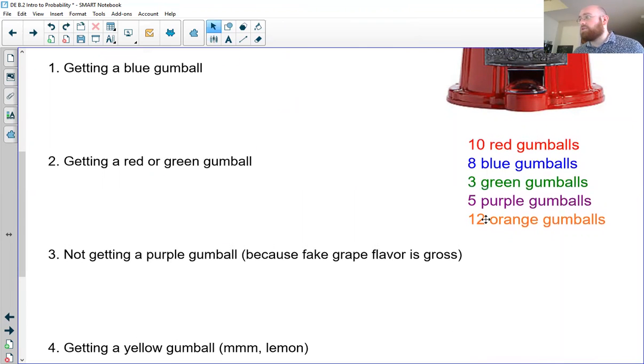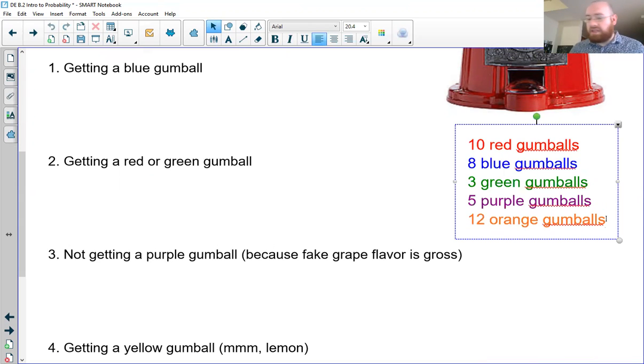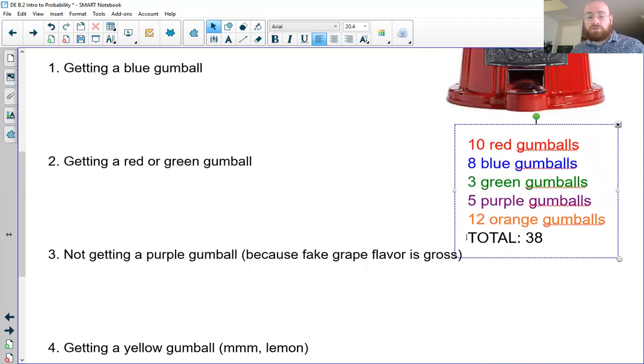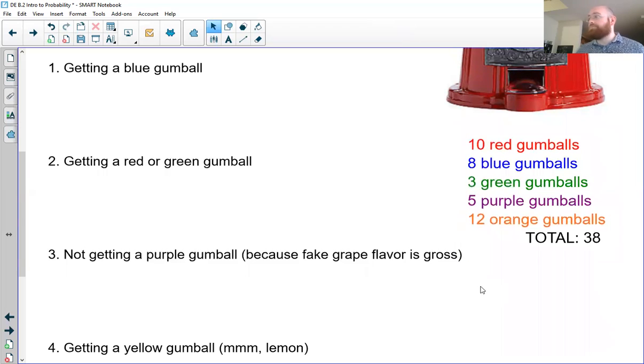Because the power of computers is so wonderful, I can add right here that the total is 38, and then I can change the color to match what we had above. So the probability of getting a blue gumball, well, there are 8 blues and there are 38 in total.